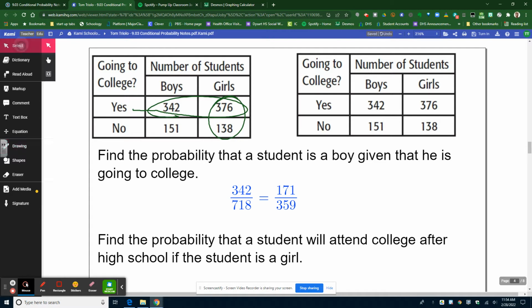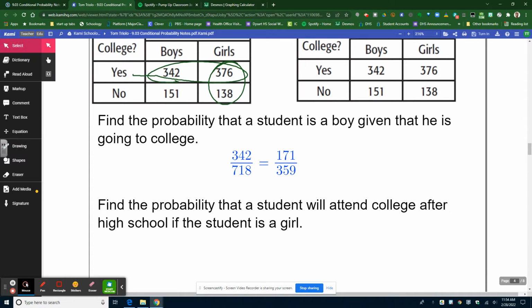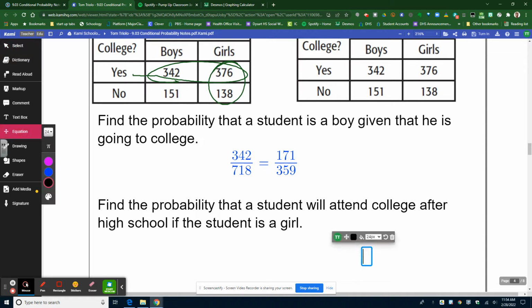So fraction bar 514, and then up top there are 376 girls. So equals 188 over 257. Questions?